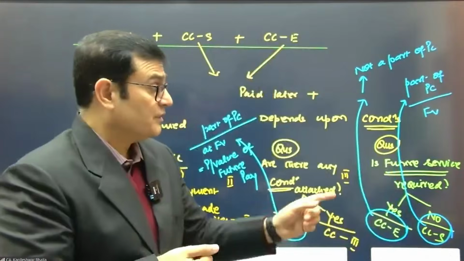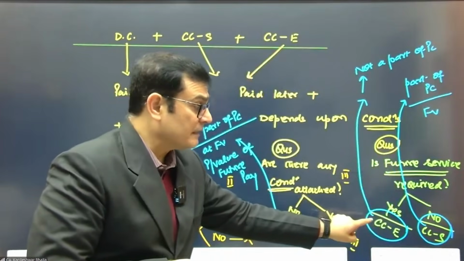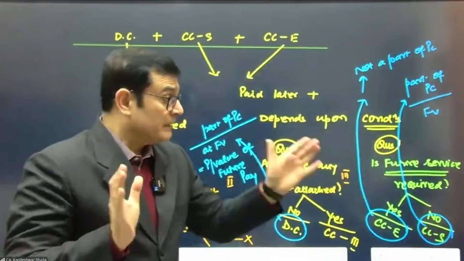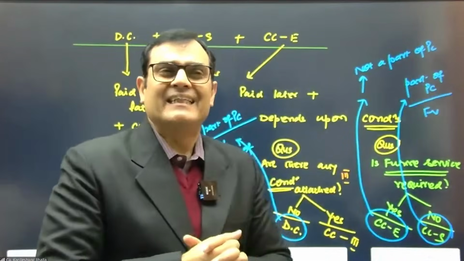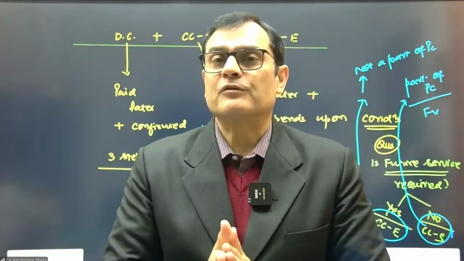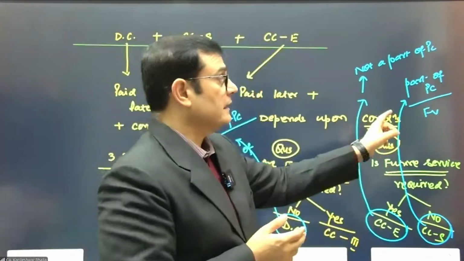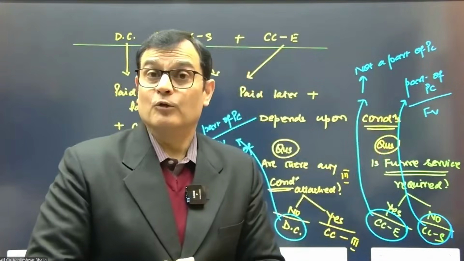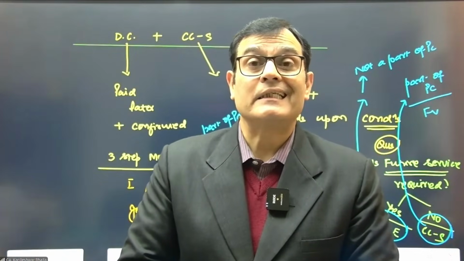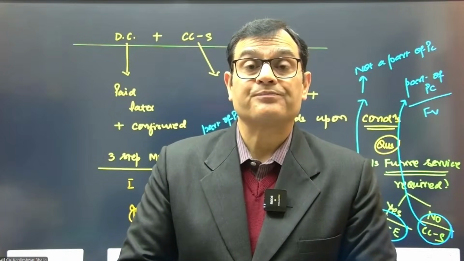So you require them a service. If you require them a service, it is in the capacity of employee, not a part of PC. But if you give them any other condition, any targets other than a service condition, it is in the capacity of the shareholder. It's a part of PC taken at a fair value. I hope, friends, I stand clear on my thoughts on DC, CCE, as well as CCS.